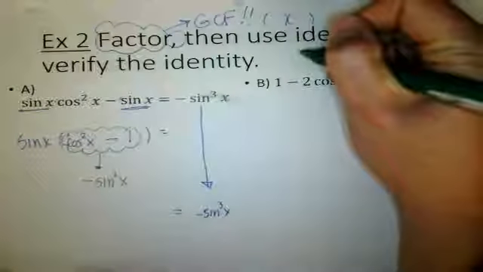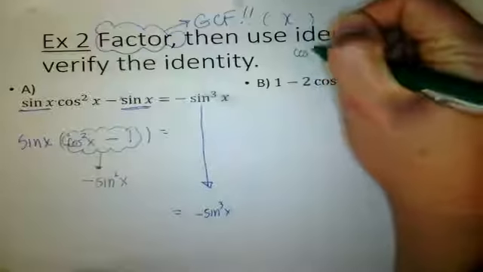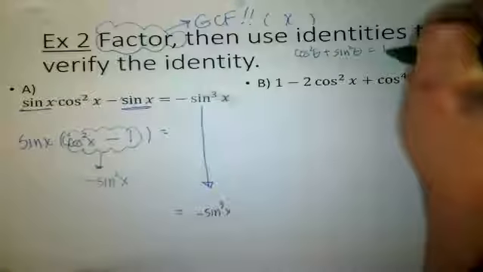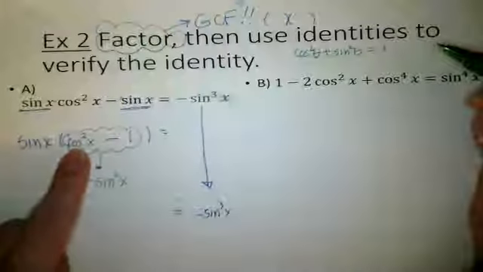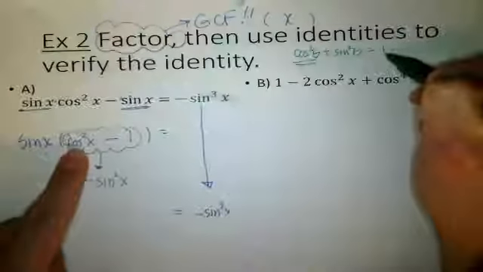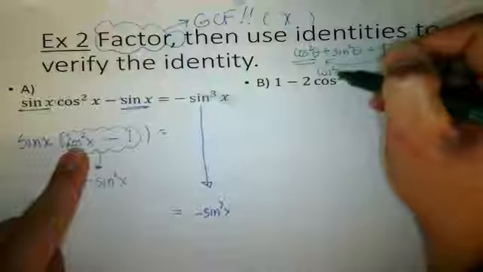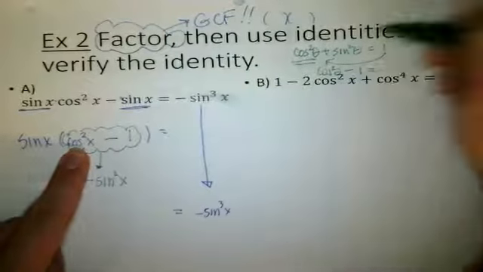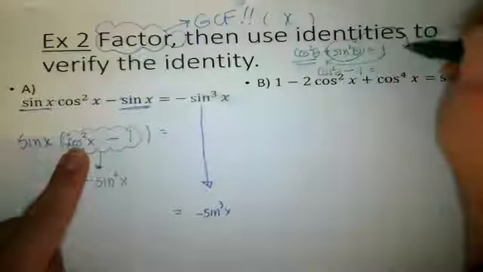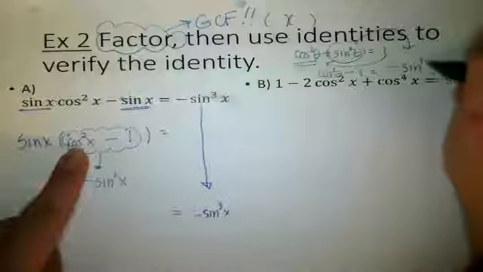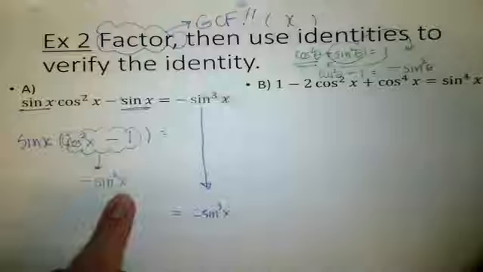What's our identity? Cosine squared theta plus sine squared theta equals 1. We have cosine minus 1. So cosine squared theta minus 1 means that I'd have to move this term to the other side. So that's why it becomes negative sine squared of x in this case.